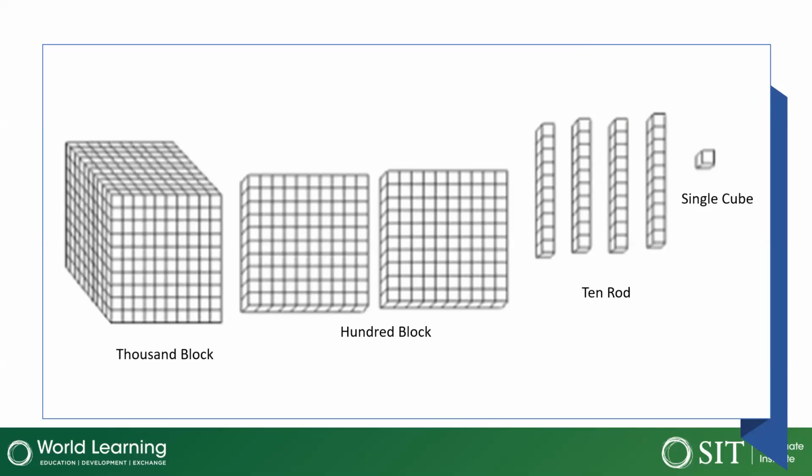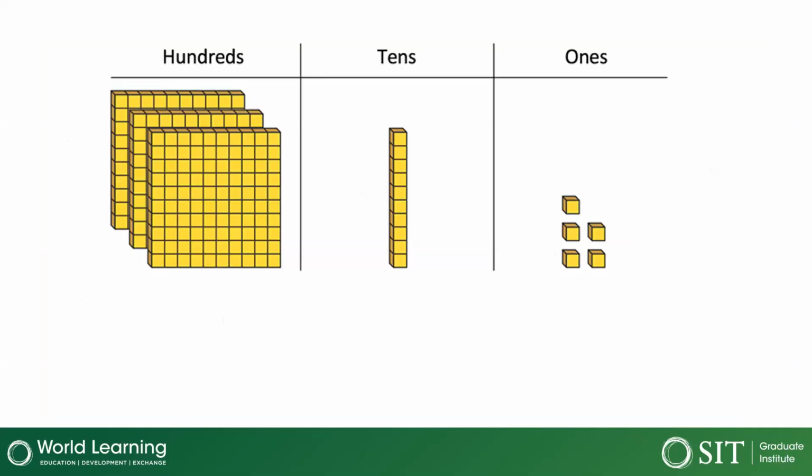This is an example of how the base 10 blocks could be used with a place value chart, putting the 5 unit cubes in the ones box, and then the tens and the hundreds to illustrate how much they represent. So this is 315.